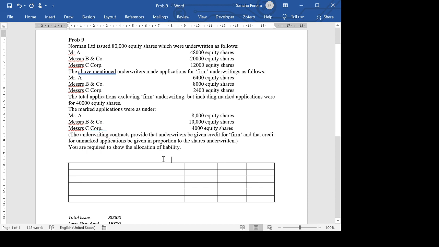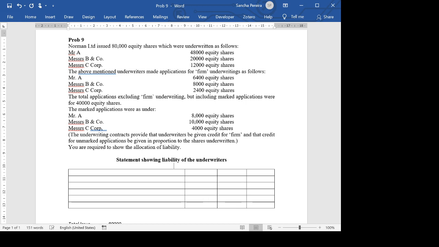So we prepare the statement showing liability of the underwriters. Statement showing liability of the underwriters. The next thing I'm also going to mention is how we are going to treat firm underwriting. Now here we didn't have to decide, it's told to us.